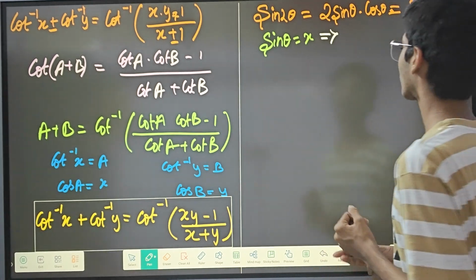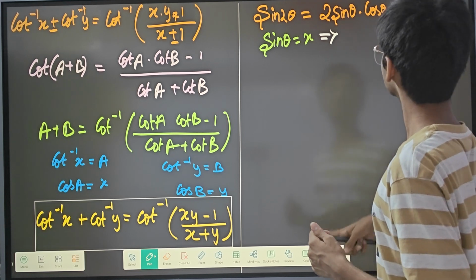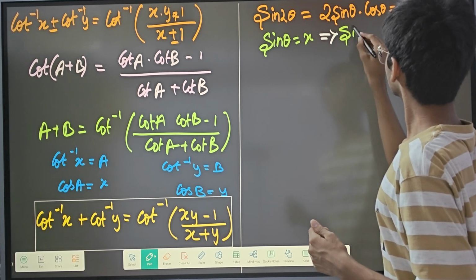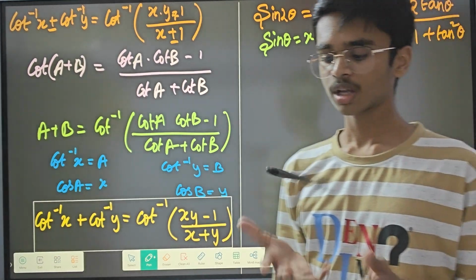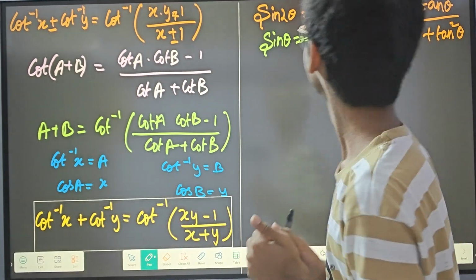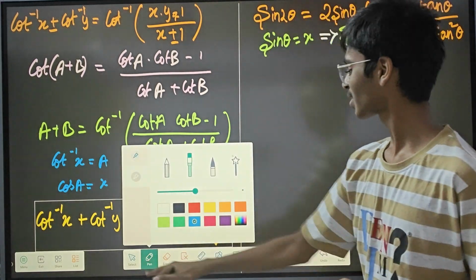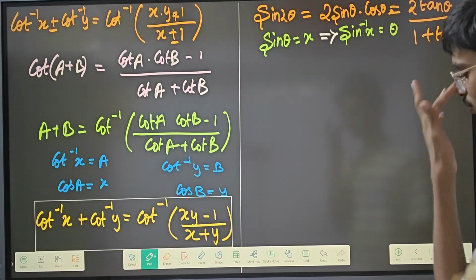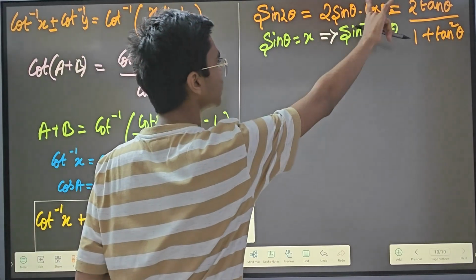Okay, so here you can write this as sine inverse of x is equal to theta. So how are you going to do this? What you are going to do is pretty simple. First, I'm going to take this one.